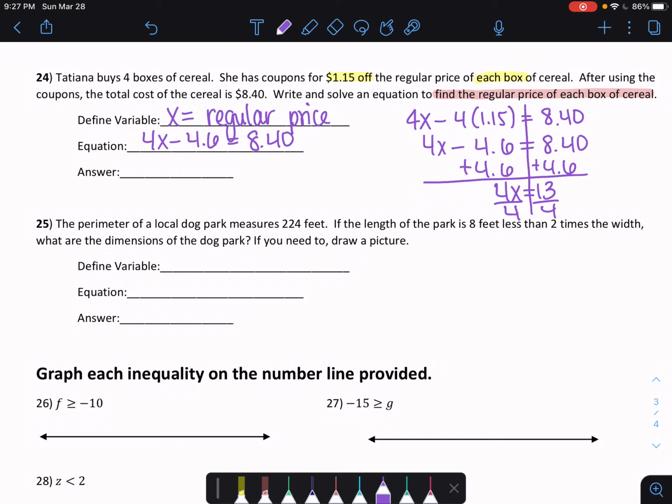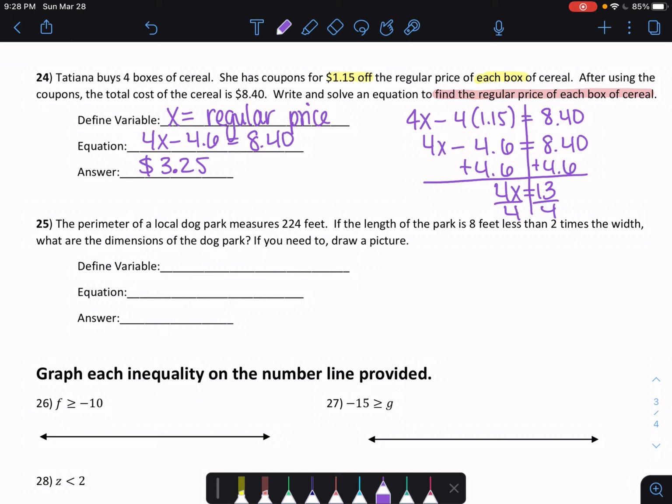And when I divide by 4, I get $3.25. Now this one, it's okay to turn it into a decimal because money is written in decimal form.